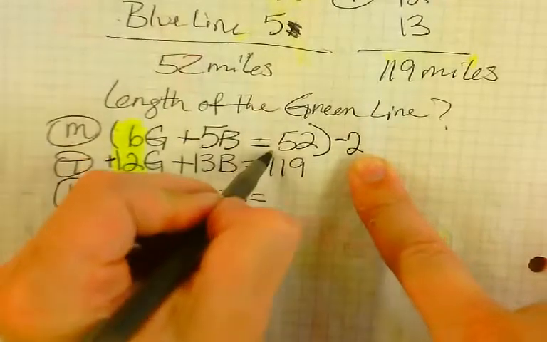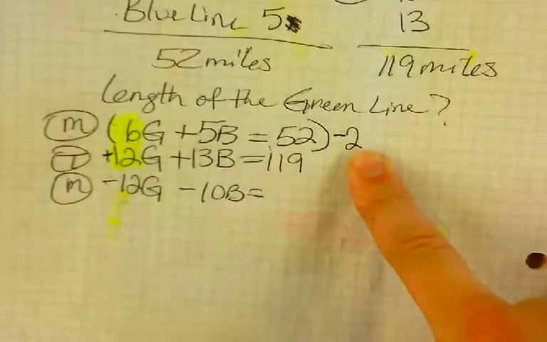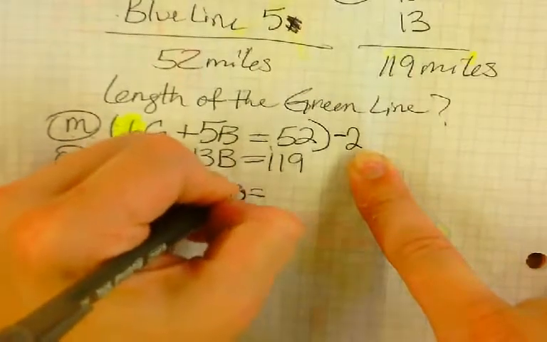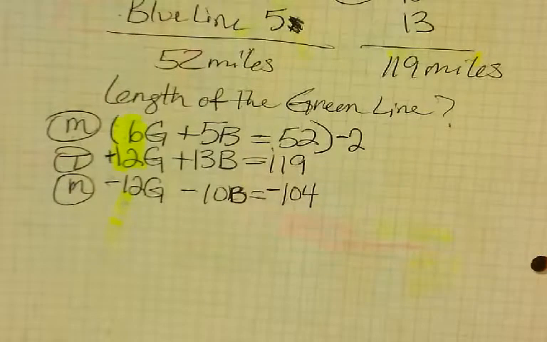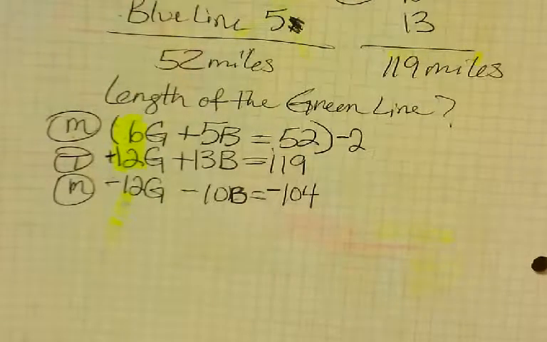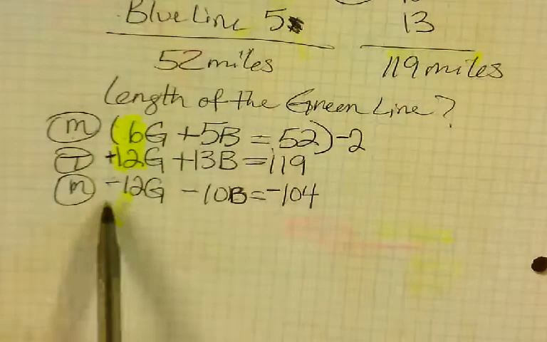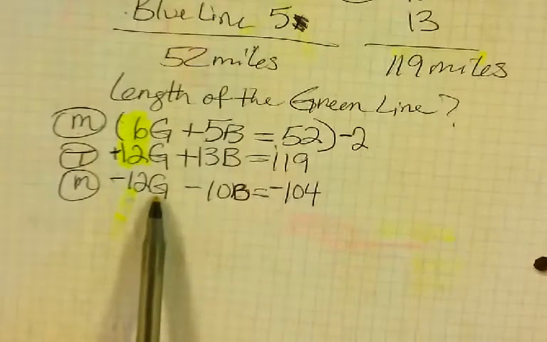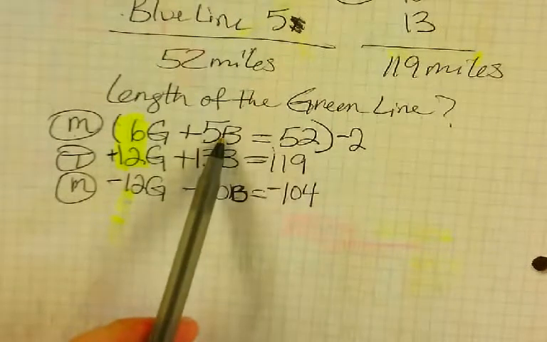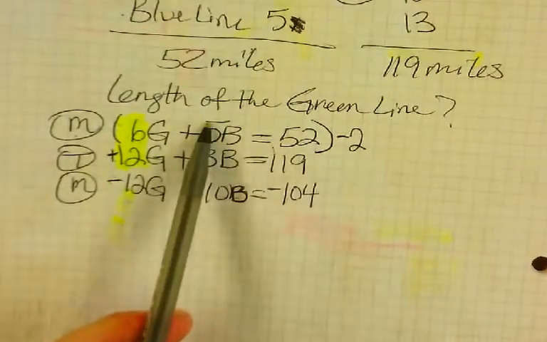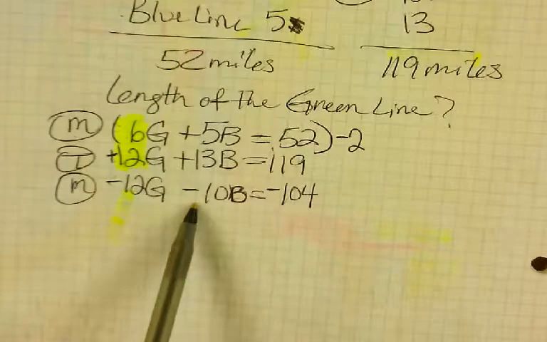And then negative 2 and 52. Perfect. I have negative 12g. Okay. So you tell me, what is negative 2 times positive 5? What I'm saying is, what is negative 2 times positive 5? Because it's going to give you the answer here. There you go.